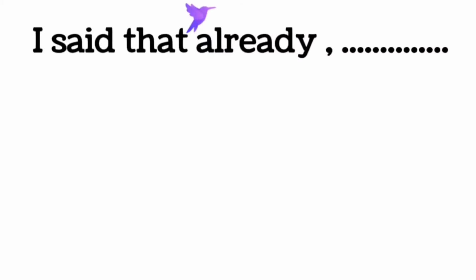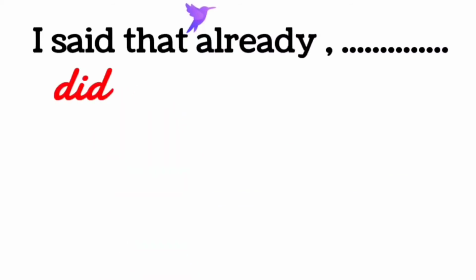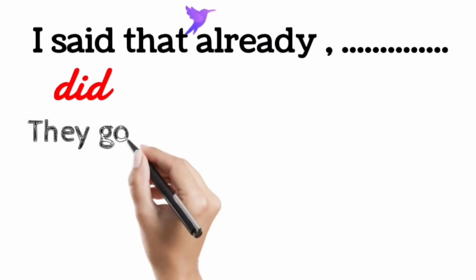Did plus say is said. So in I said that already, the auxiliary verb is did. Then the statement is positive. We can make it negative. So did plus not, didn't, and the subject is I. So the answer is: I said that already, didn't I?